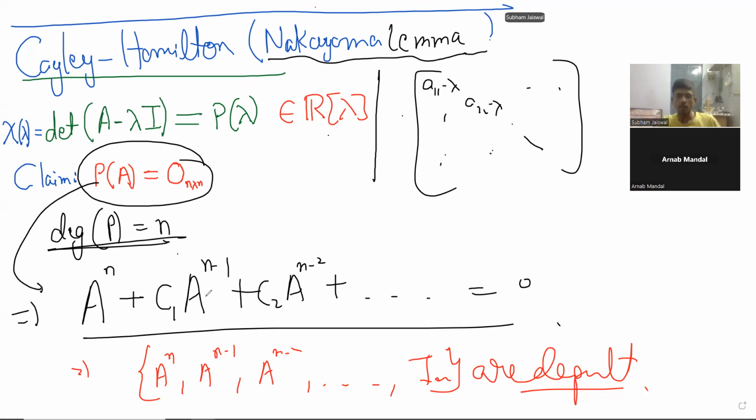Because there are n plus one vectors. So you have found a collection of n plus one vectors which are dependent.